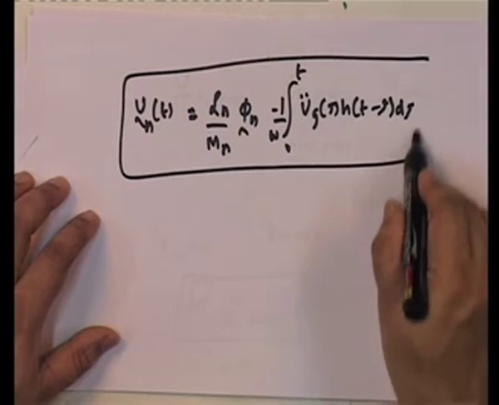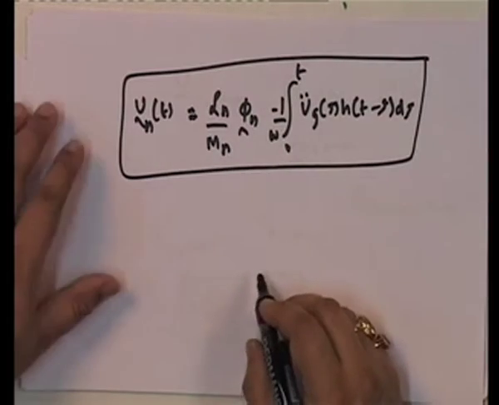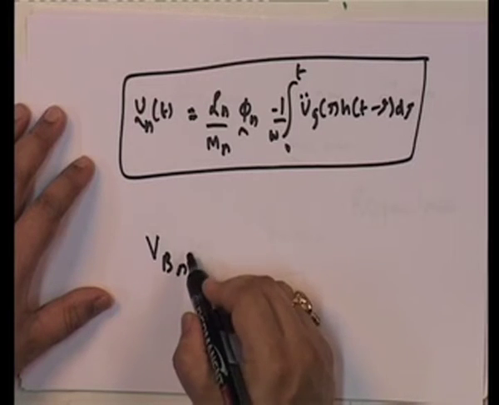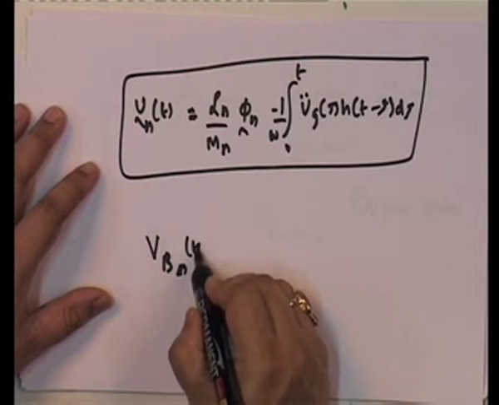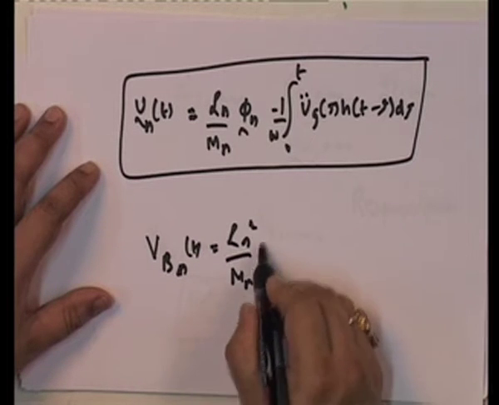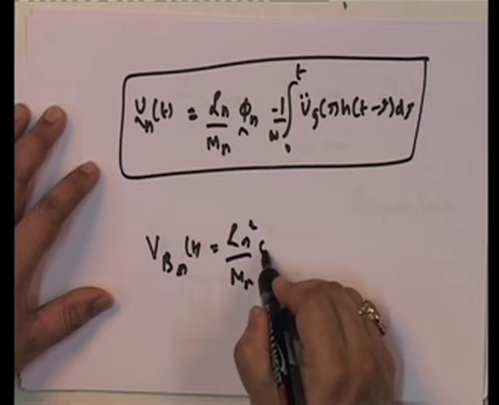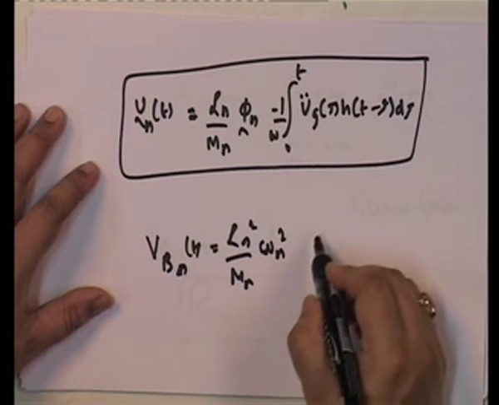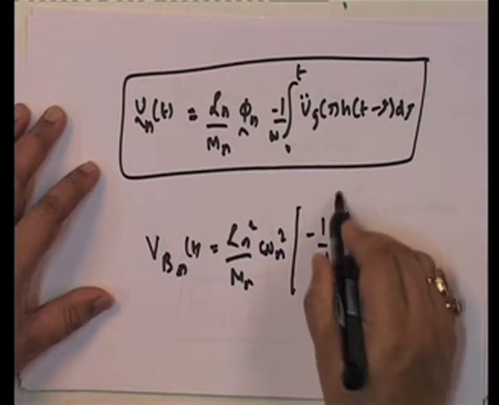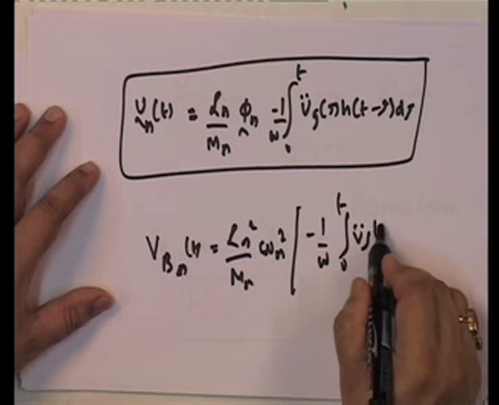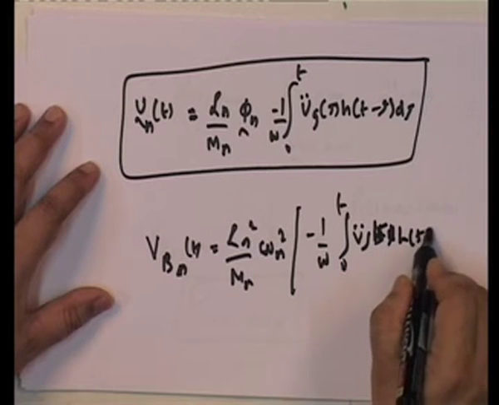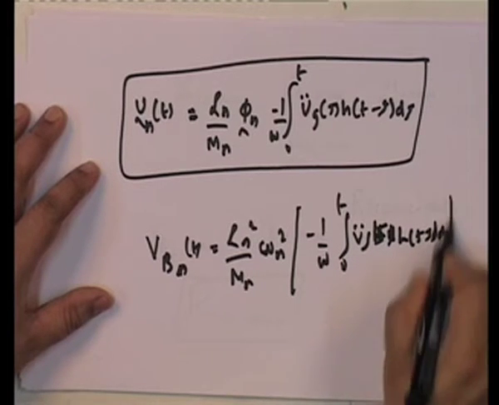Suppose we found out Vn in this way, then Vbn of t would be Ln squared upon Mn into omega n squared into minus 1, integral 0 to t of Vg double dot times Ht minus tau. So all of those kinds of things, you evaluate.